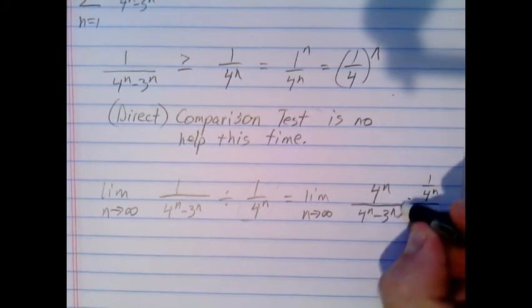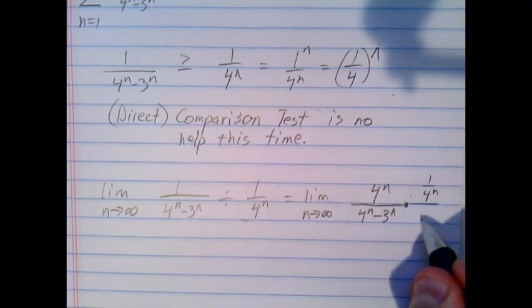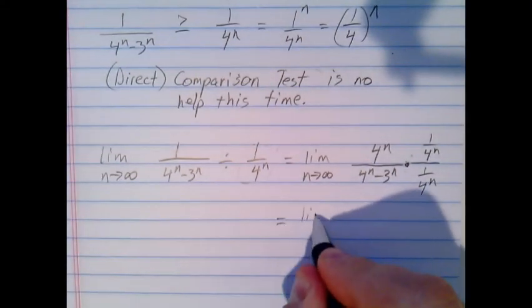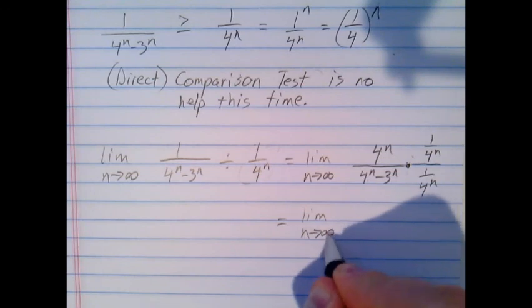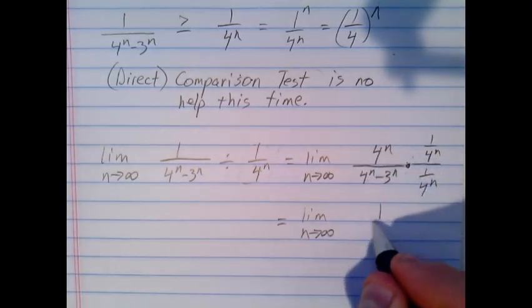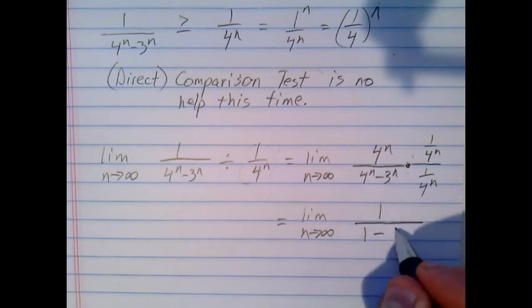So let's make that explicit that this is multiplication. So I'm multiplying the top and bottom of this fraction by 1 over 4 to the n. Then this equals the limit as n goes to infinity. Well, 1 over 4 to the n times 4 to the n gives me a 1. So I get a 1 here as well. And then I get a 3 to the n over 4 to the n.